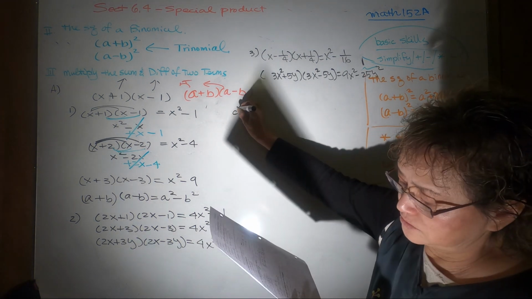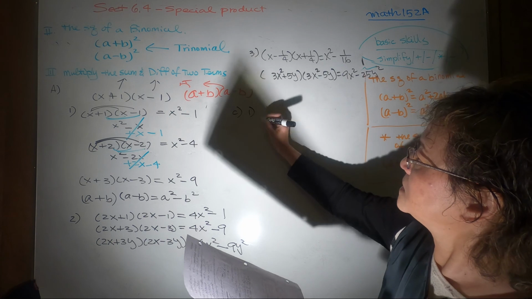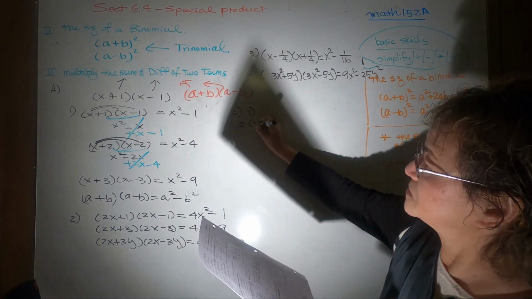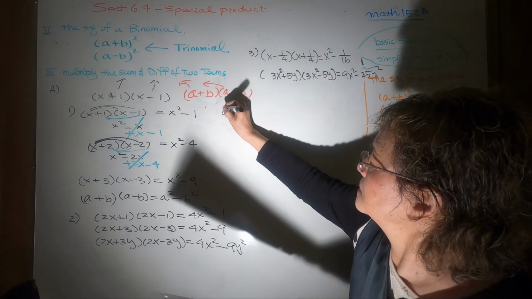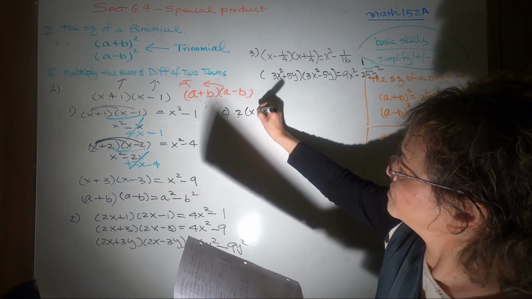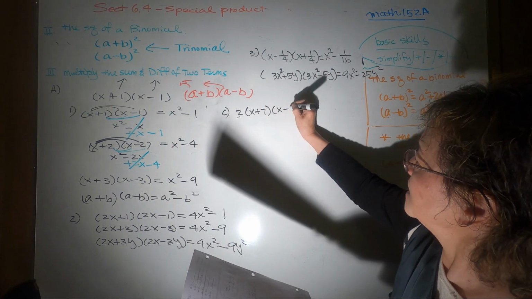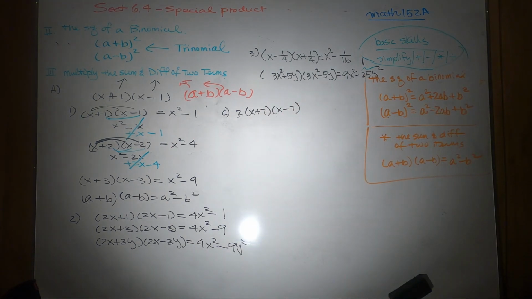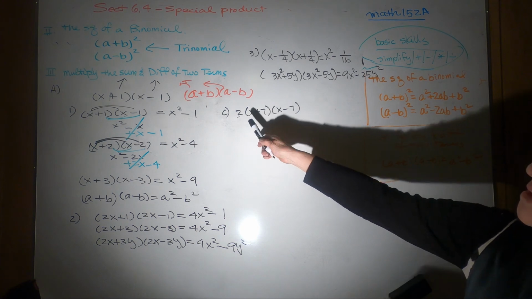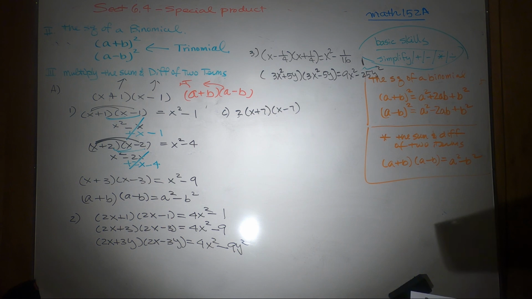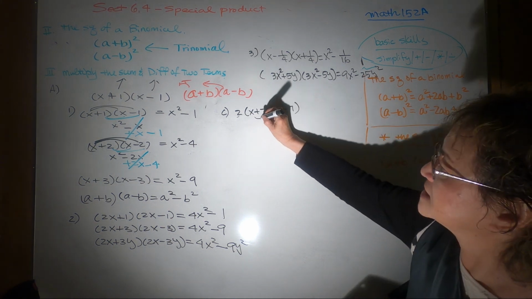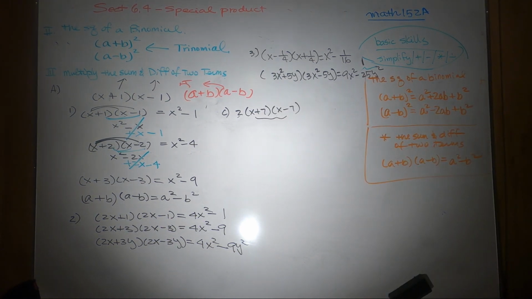Then let's look at this one. Let's write over here: 2 times x plus 7 times x minus 7. What do you think? If we just do mono times bino, you can do that, but it will be a bigger number. Especially since you already have the formula to plug in, right?